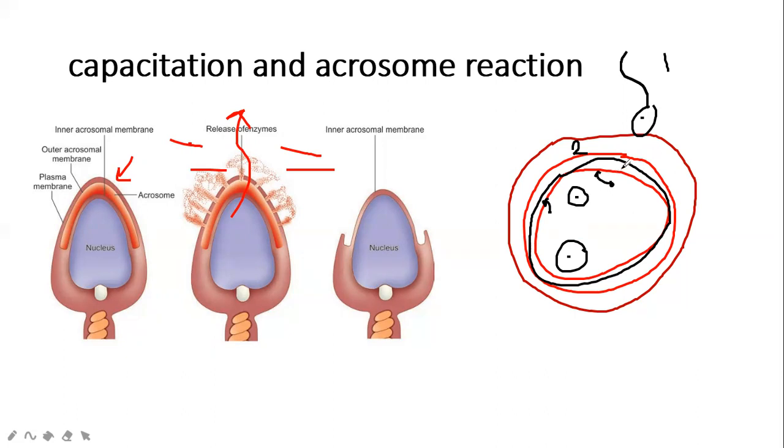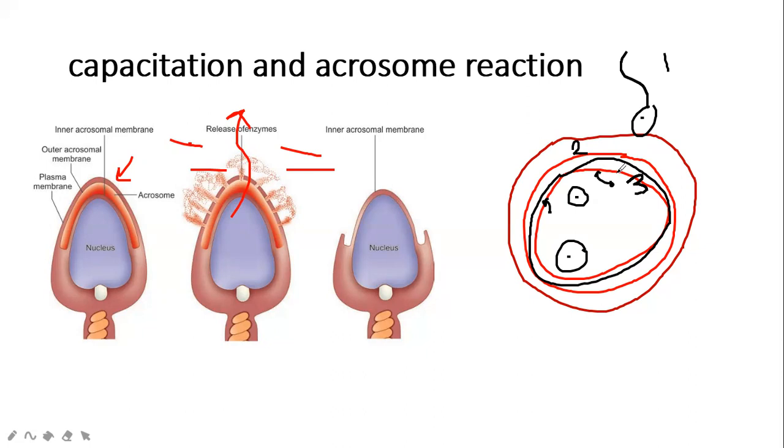It will harden so that even if you reduce the enzymes, nothing happens. So that reaction is called the cortical reaction. That is reaction number three.